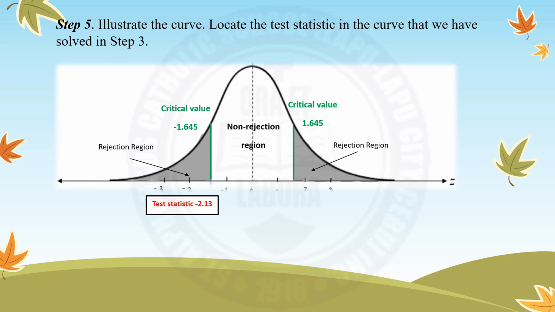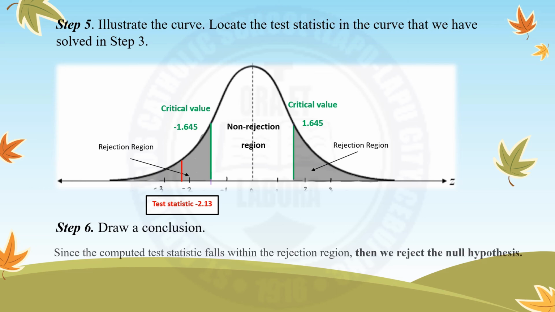So the test statistic which we computed earlier is equal to negative 2.13. That is in between negative 2 and negative 3. So estimate the location of this value. For step 6, draw a conclusion.